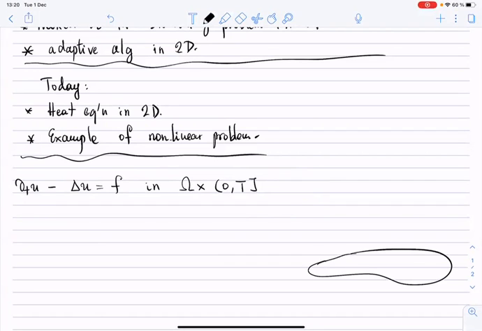It's in space, so this one is omega, and we are solving in time, so that means that we have this type of time axis like this.